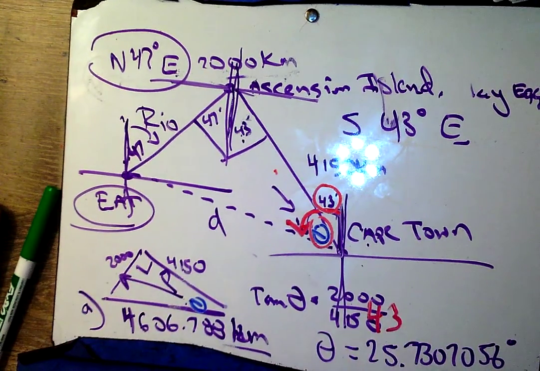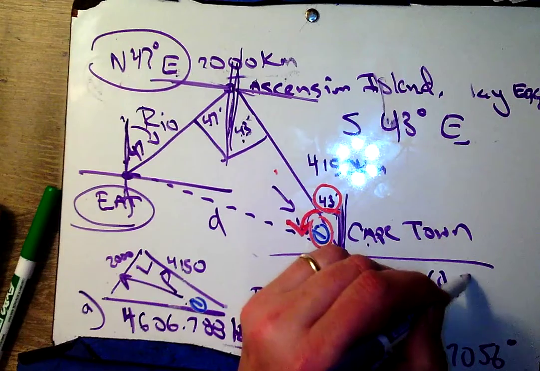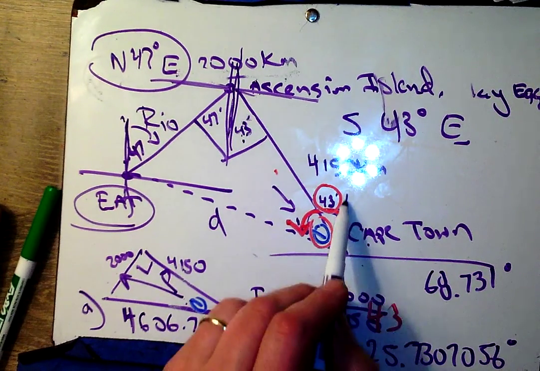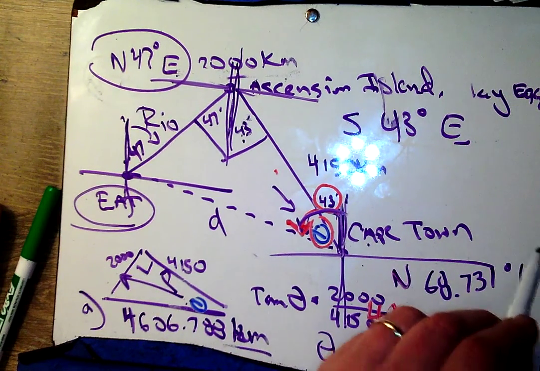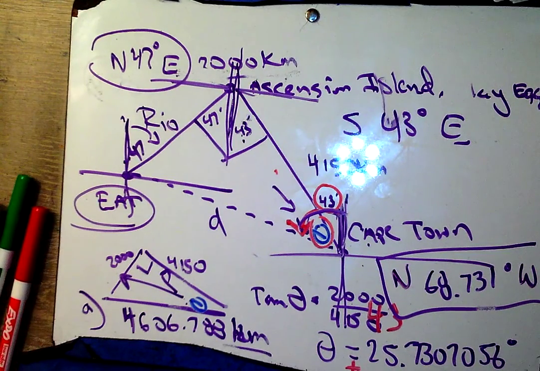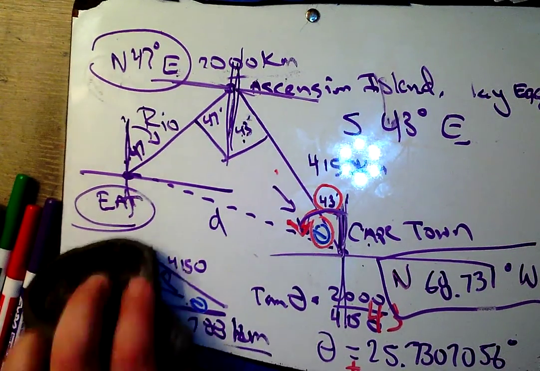So 43 plus 25.73, I'm going to have 68.731 degrees. And for us, it's head north and then something west. So there's my answer. That's the bearing on which the sea turtles need to swim in order to get to their feeding grounds off the coast of Rio.